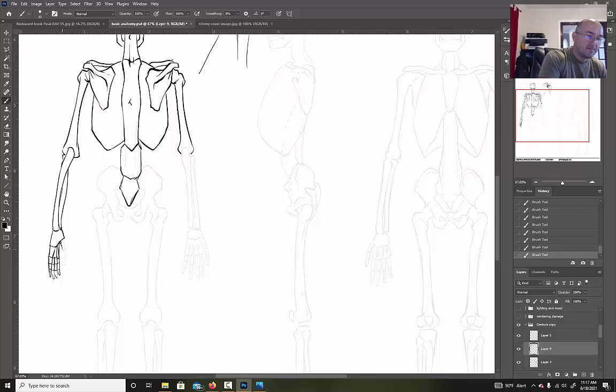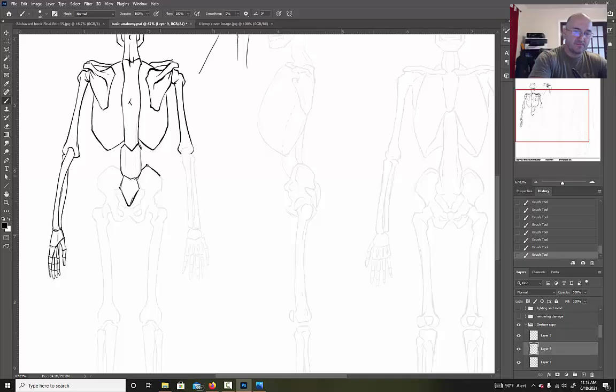And then the thumb. The only thing that you really need to know about these bones down here is the basic shape that they're going to make. You can get into the nitty-gritty on them if you'd like, but for what we're doing right now, it's not really that important, so I'm not going to worry about it too much.